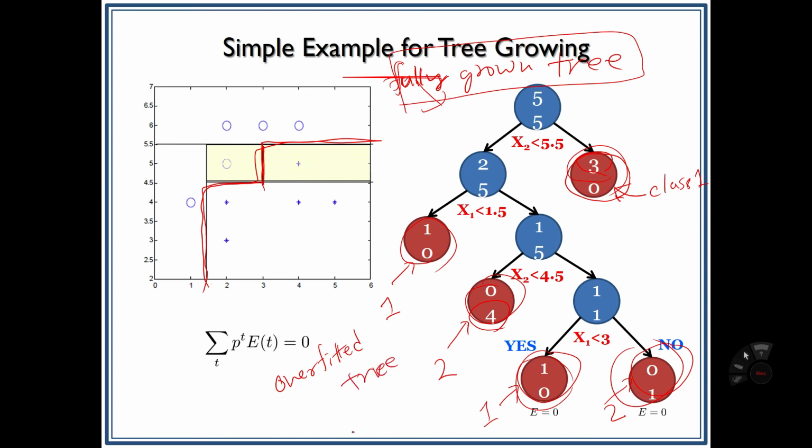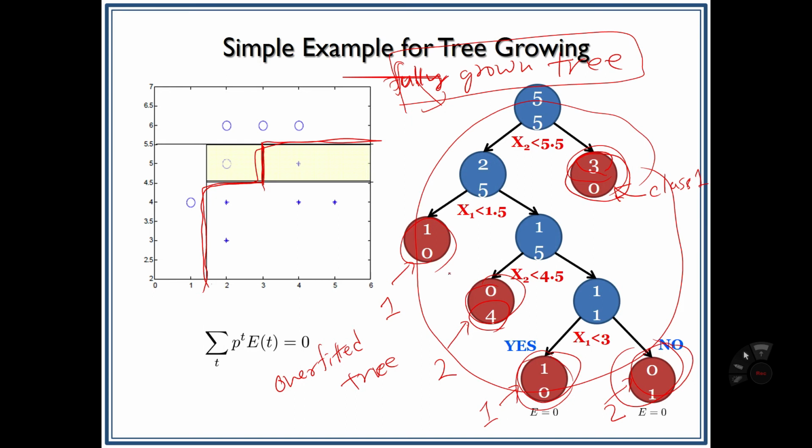This tree has an overfitting problem. I already talked about the overfitting problem when I was talking about model assessment. So this is only good for the training set. But if we have a test set, a new data set, it's highly possible that this model doesn't work well.